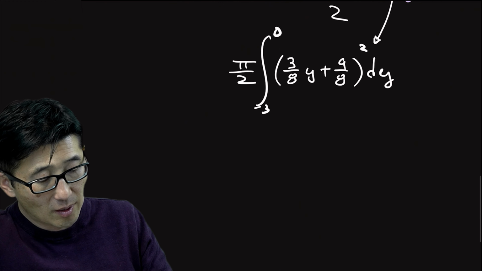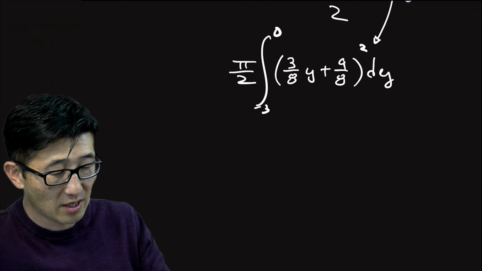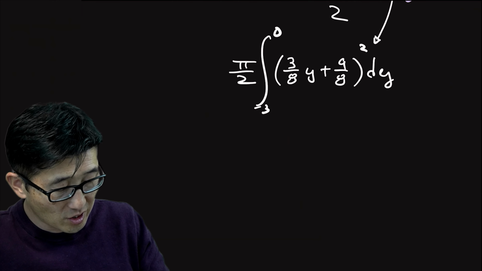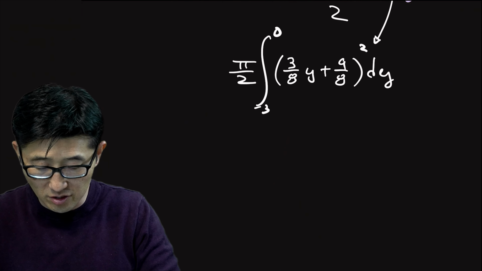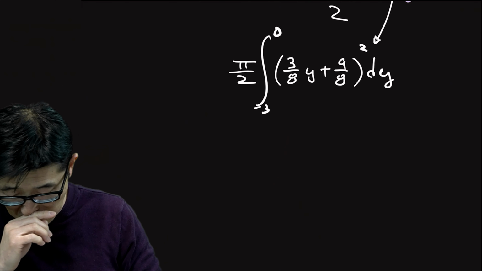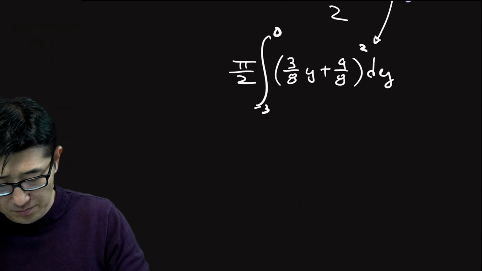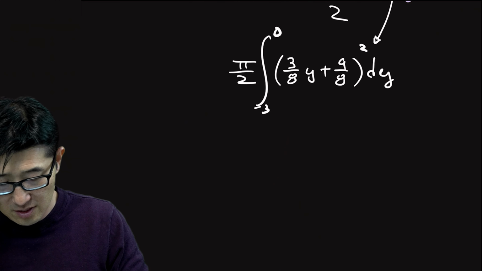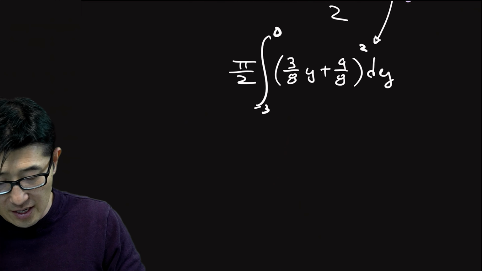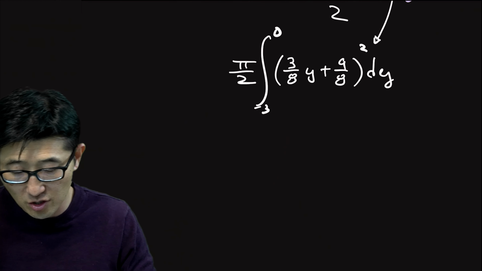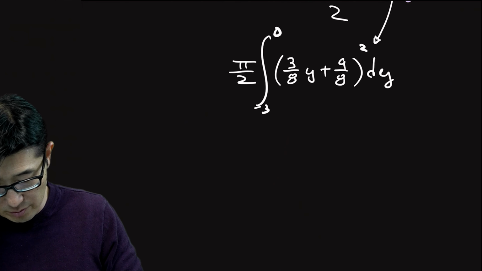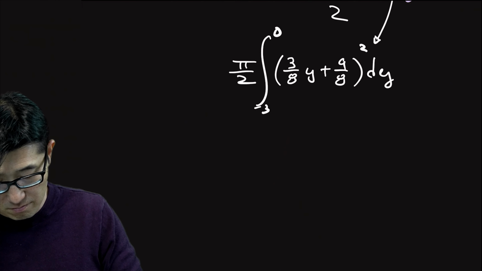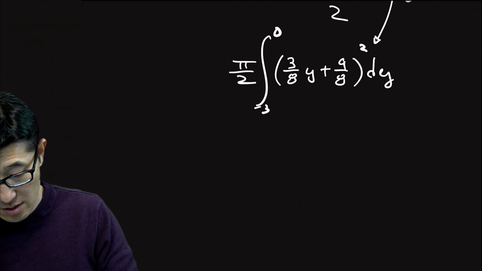I'm trying to figure out, should I multiply this out and do it? Now you can plug this into your calculator. Let me see if I have an integral calculator on my iPad. That's not it. I'm going to work it out by hand, but this problem says use a calculator, so you can actually use a calculator to solve this.